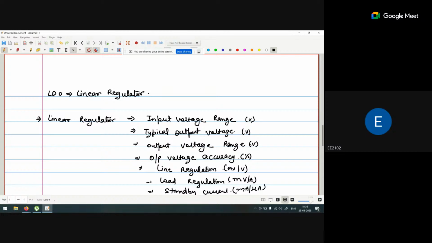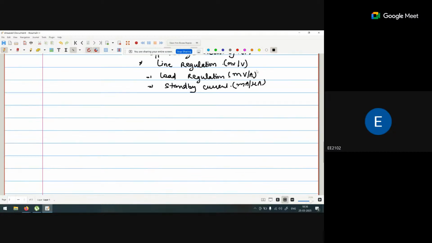Okay. So these are some parameters. Along with that, there are two parameters that are not too important. One is the load current, the other load voltage.